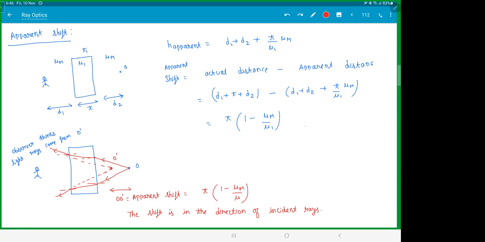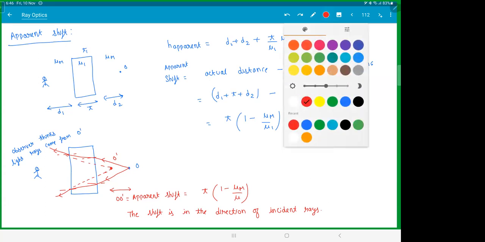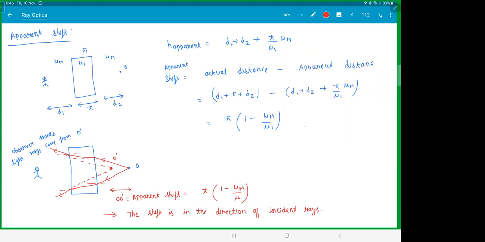Basically, the object and the observer are in the same medium. This is what I was saying. Ray optics is easy, but you should know your results and you should know when they work, when they don't work. Clear?